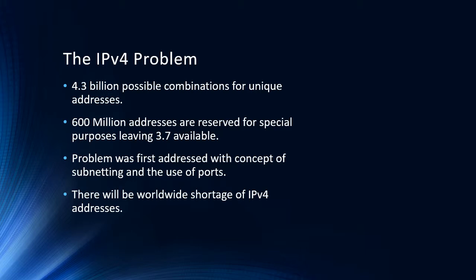The current world population is over 7.5 billion, and right away there is a critical problem. There just are not enough possible addresses for everyone, even if we were all limited to just one device.